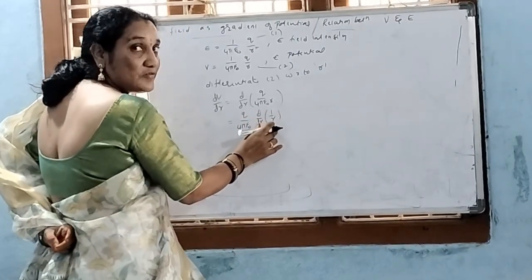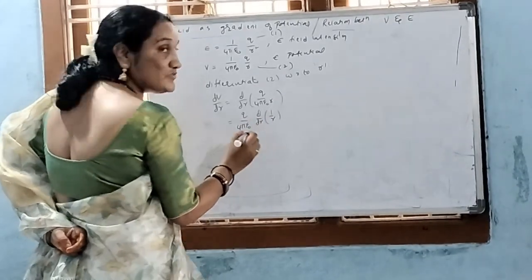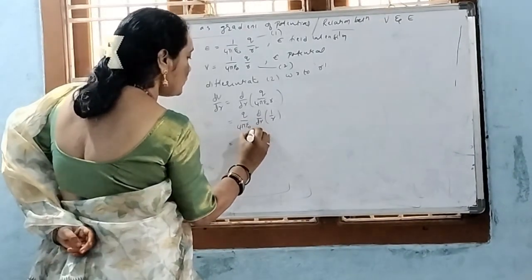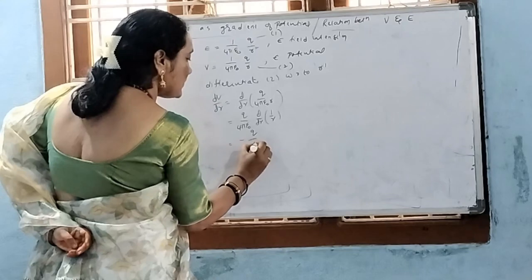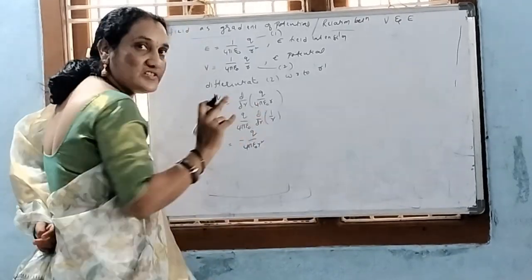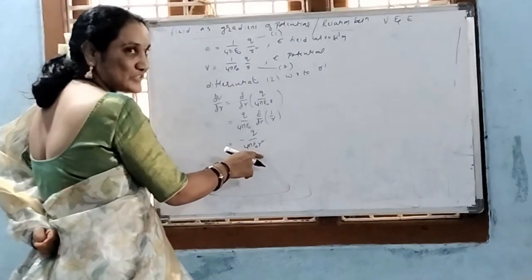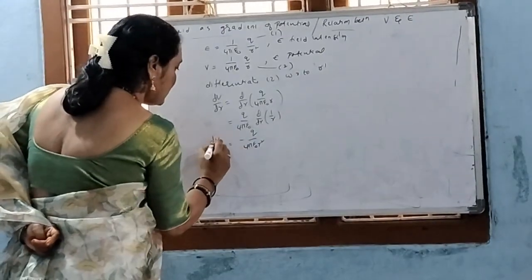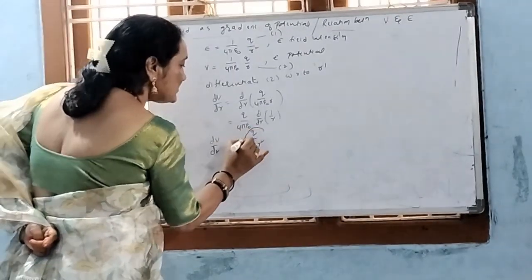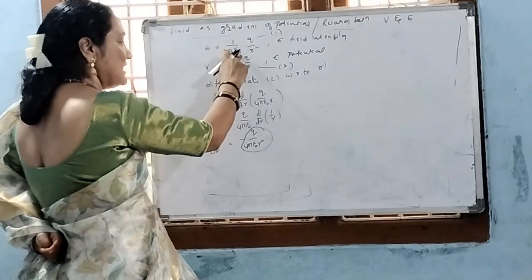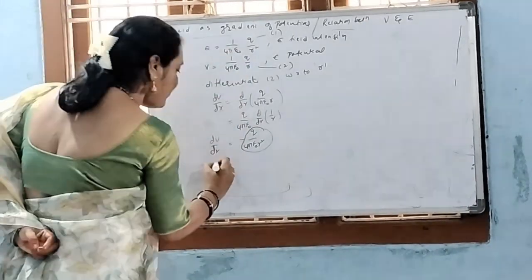The differentiation of 1 by r is minus 1 by r squared. So we get minus Q by 4 pi epsilon naught r squared. But what is Q by 4 pi epsilon naught r squared? It is nothing but the electric field.